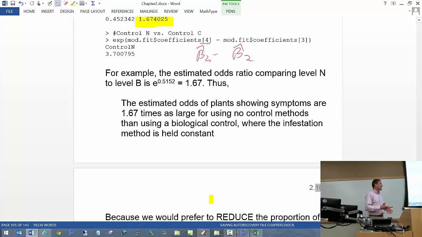The estimated odds of plants showing symptoms, basically that's what the virus 8 variable represents, that came down with the disease, are 1.67 times as large for using no control methods than using a biological control. We're comparing level N to the base level, which is level B, where the infestation method is held constant. Remember, you have to add that because the infest variable is in the model as well.